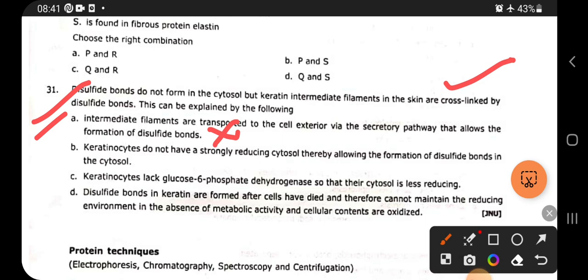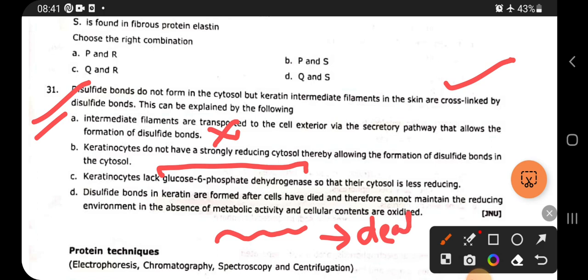D. Disulfide bonds in keratin are formed after cells have died and therefore cannot maintain the reducing environment in the absence of metabolic activity. So we were talking about this glucose 6-phosphate dehydrogenase which is in cytosol, which is utilized in your glycolysis process. But in this case it's not the case, because in keratin cells, as soon as keratins are formed, the cells are dead.